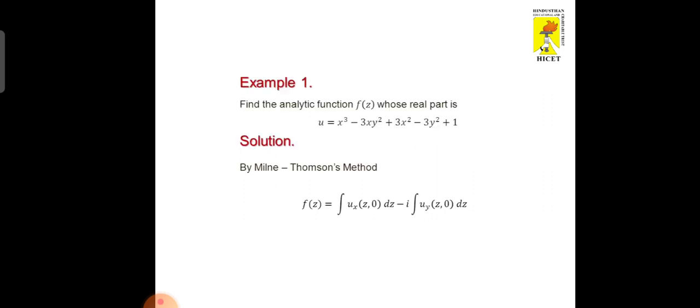For example, find the analytic function f(z) whose real part is u = x³ − 3xy² + 3x² − 3y² + 1. By Milne-Thomson's method, we know that f(z) = integral u_x(z,0) dz minus i into integral u_y(z,0) dz.